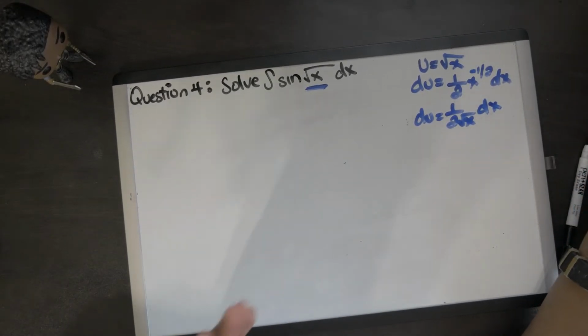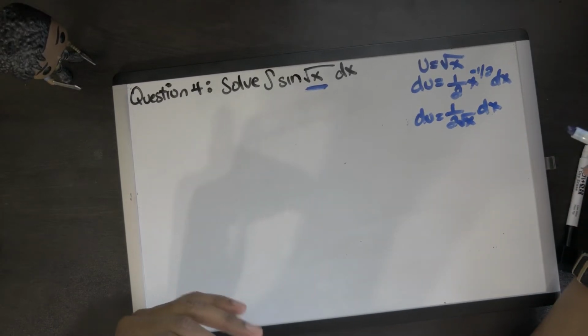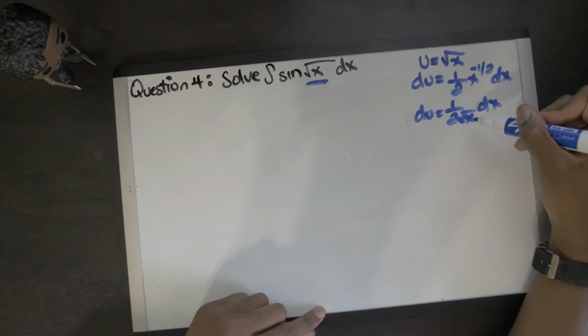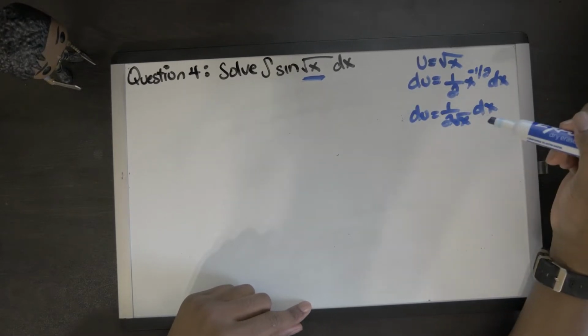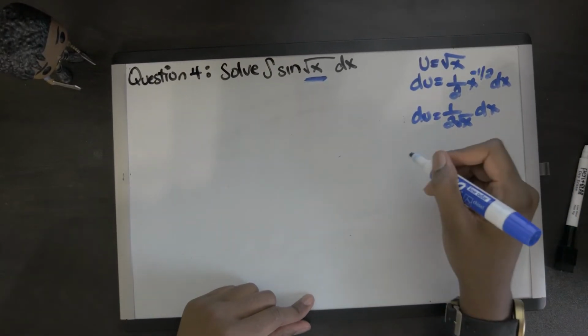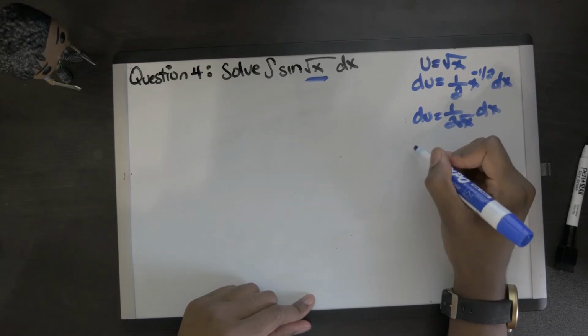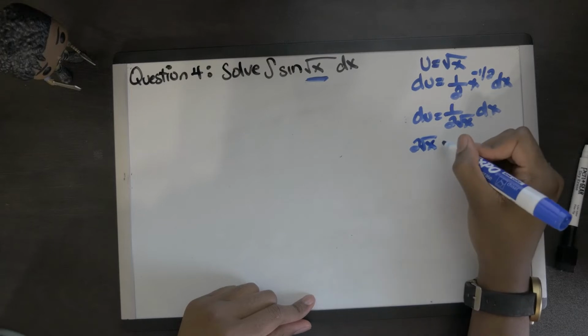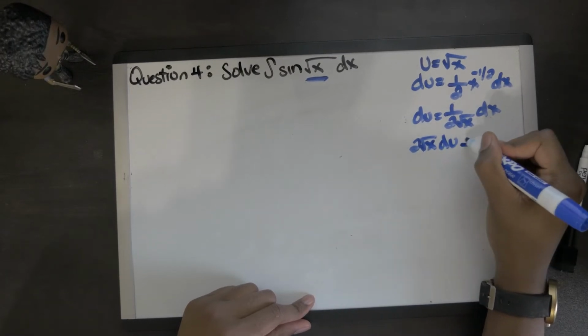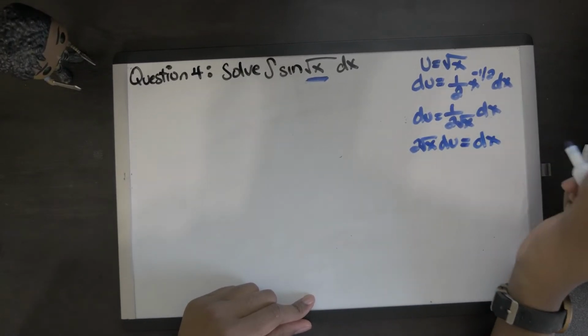But what if we just have dx? How can we find the value of what dx alone represents? Well, simple. We multiply the 2 root x onto the other side to get rid of that. Then we'll have 2 root x du equals dx.